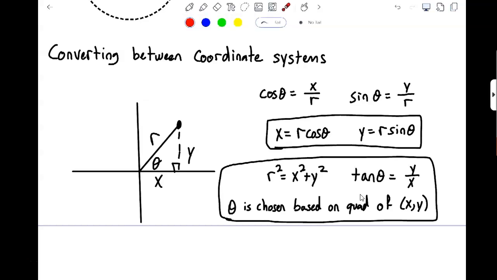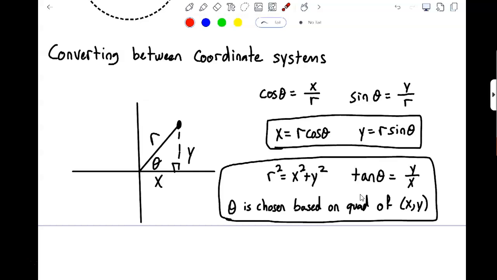So if we have x and y, we can use x and y to find an r. Typically for us, we'll just do the square root of x squared plus y squared. Just take the positive value so we don't overcomplicate things. And usually we'll just go with that r. And then theta, we'll solve and find the reference angle based on the fraction y over x.